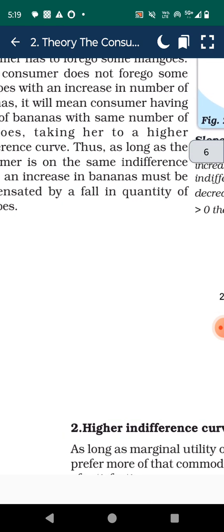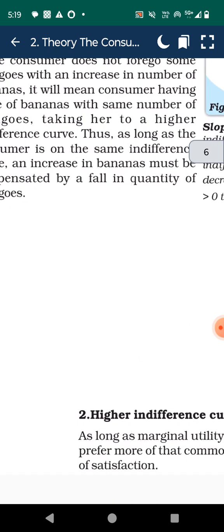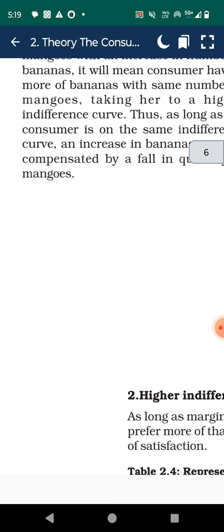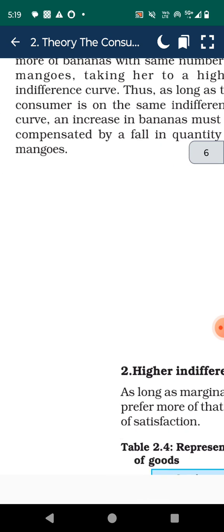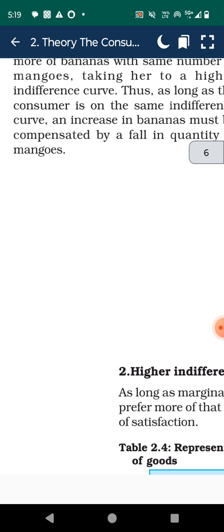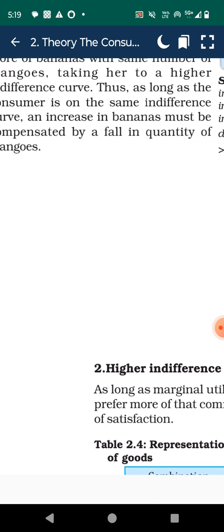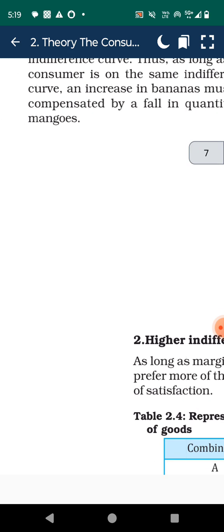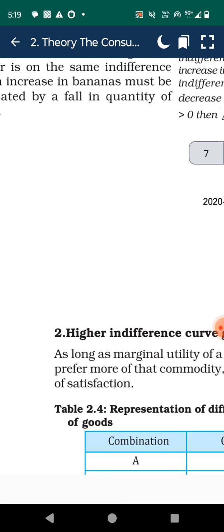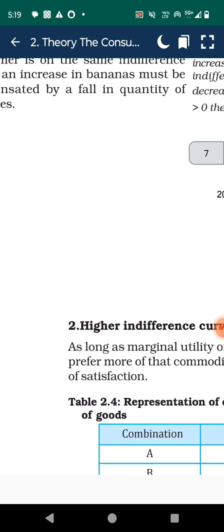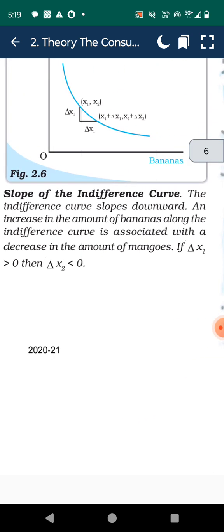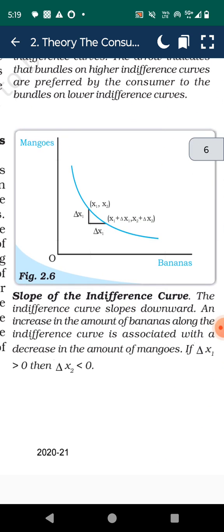If the consumer does not forego some mangoes, with the increase in the number of bananas, it means the consumer is having more bananas with the same number of mangoes, taking her to a higher indifference curve. Thus, as long as the consumer is on the same indifference curve, an increase in bananas must be compensated by a fall in the quantity of mangoes.